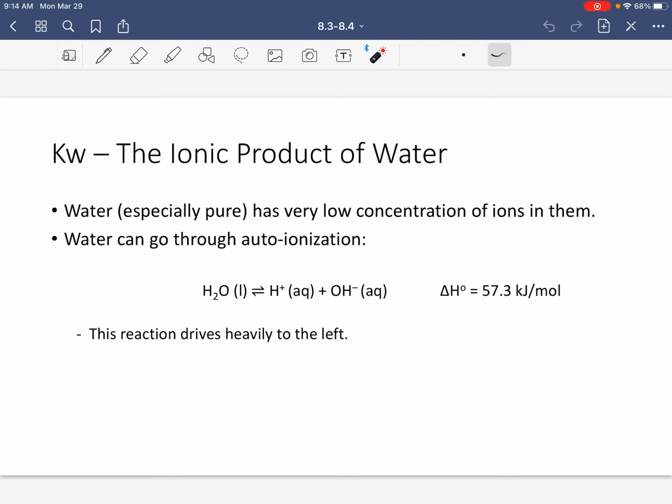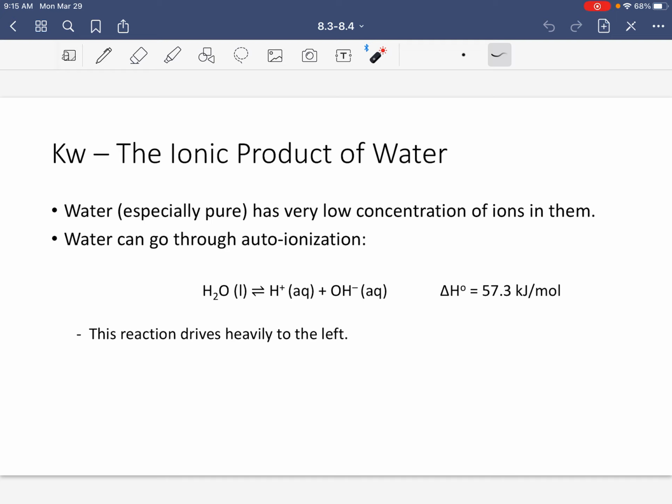When is equilibrium related to acid and base chemistry? Well, certain types of acid and base are equilibrium reactions because they don't fully dissociate. What do we call them? We call them weak.